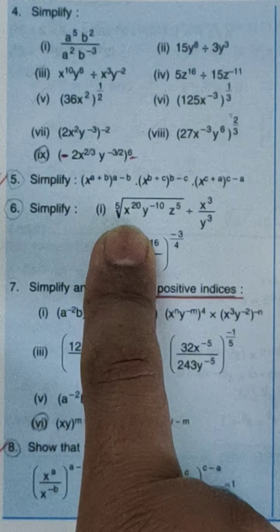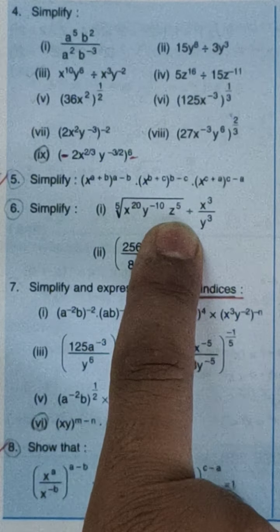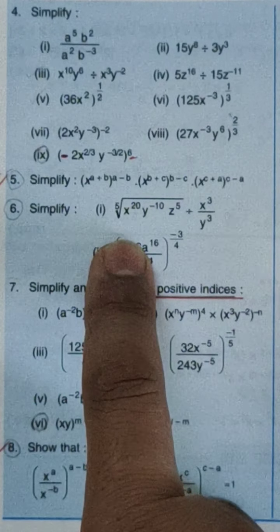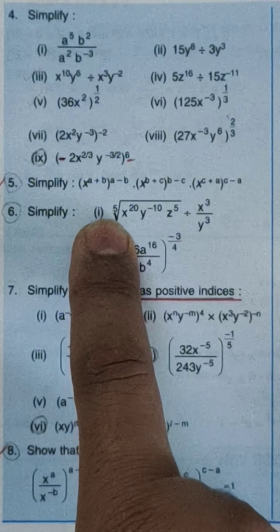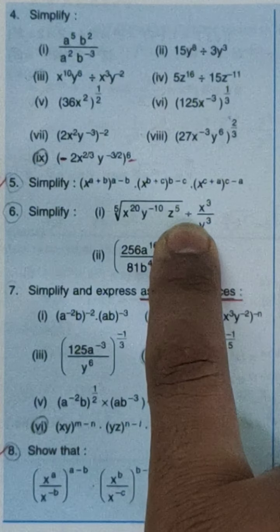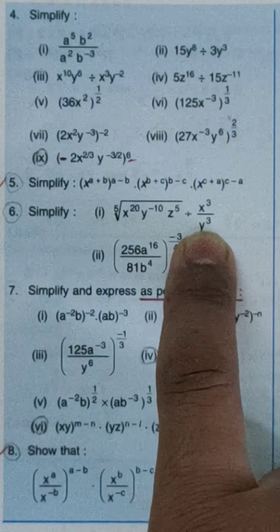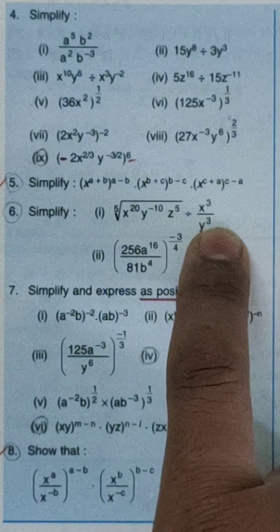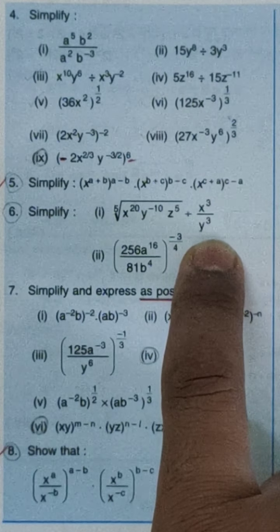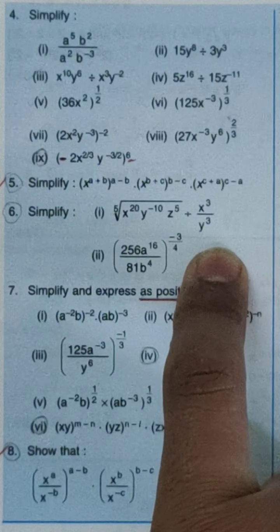So this will become x to the power of 20, y to the power of minus 10, z to the power of 5 whole to the power of the reciprocal of this root, which is 1 by 5. Then remove this division by taking the reciprocal of what comes after the division sign. That will become 1 divided by x cube by y cube. That will become y cube by x cube.